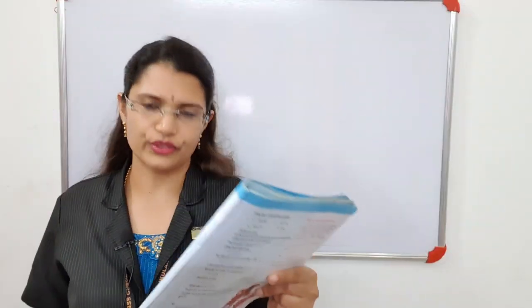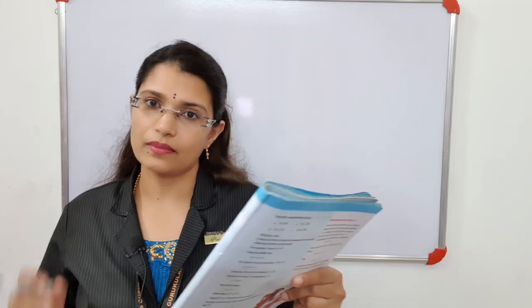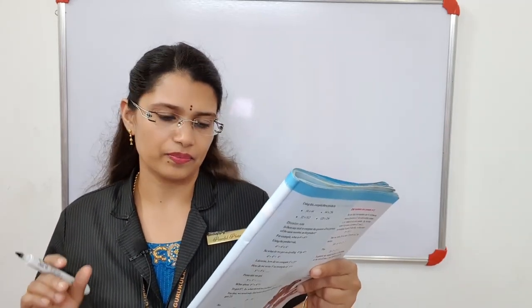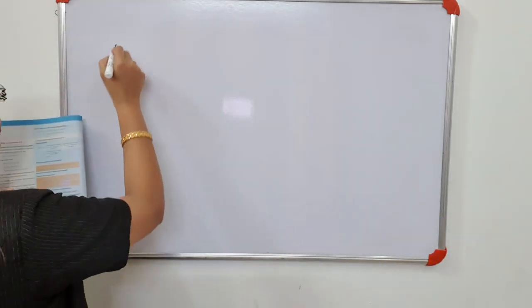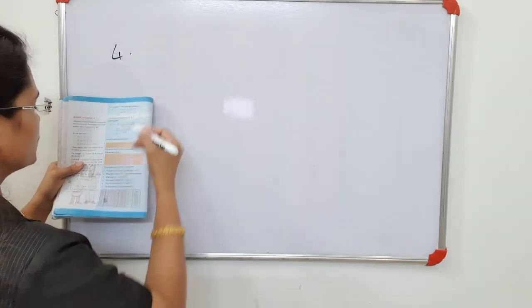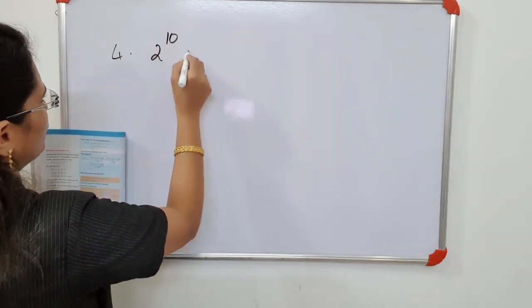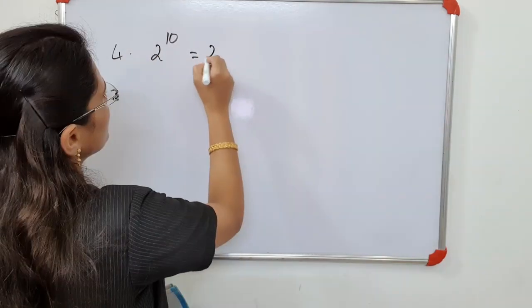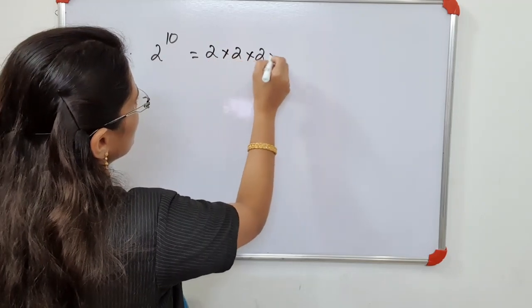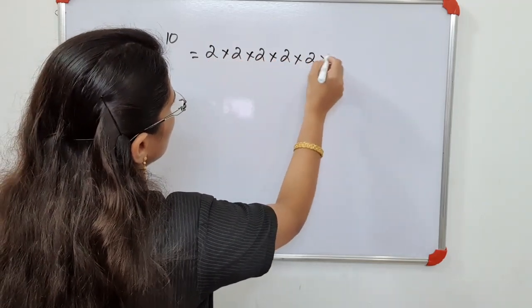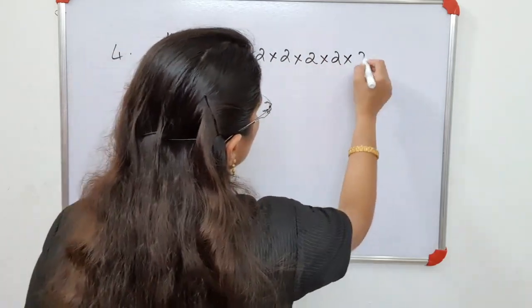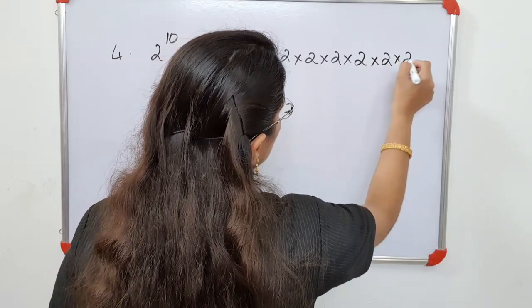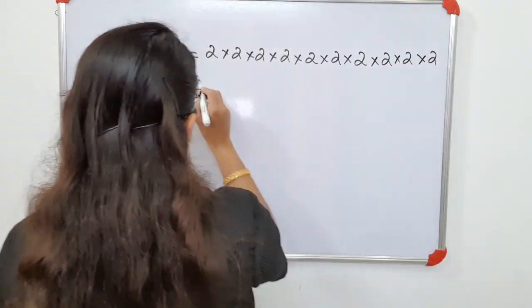Okay. Fourth question. What must be added to 2 raised to 10 to get 2 raised to 11? First, to find out the value of 2 raised to 10. 2 into 2 into 2 into 2 into 2 into 2, 1, 2, 3, 4, 5, 6, 7, 8, 9, 10.